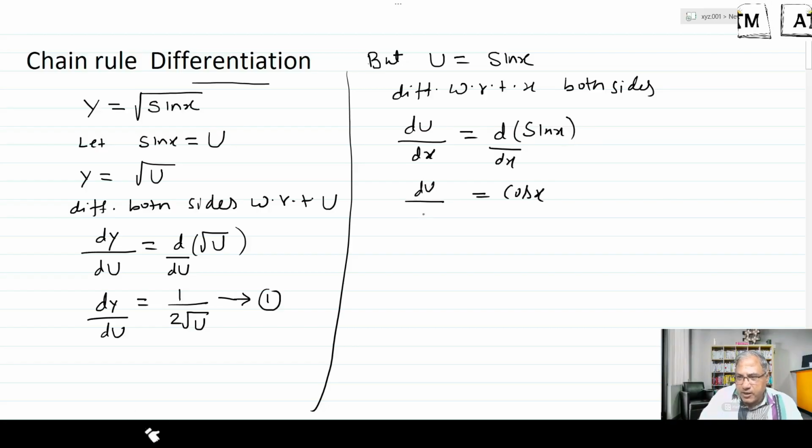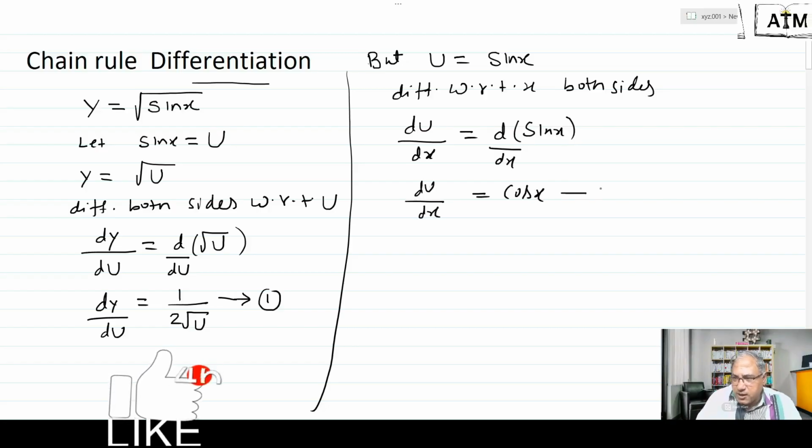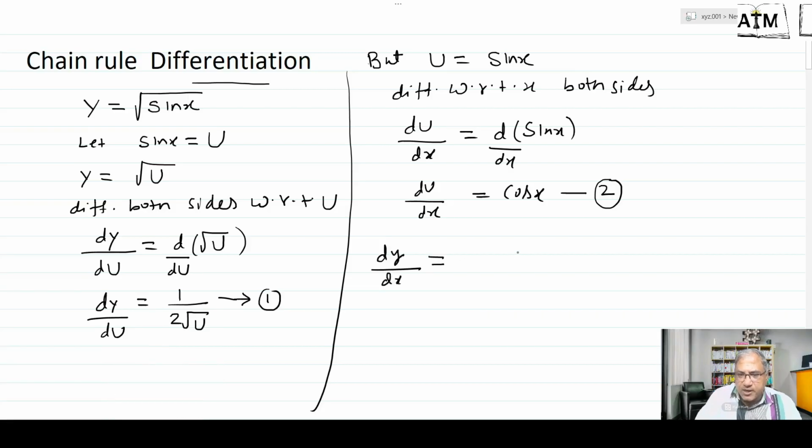So du by dx equals cos x. Let us call it equation number 2. Now according to chain rule, dy by dx is nothing but multiplication of step 1 and step 2. Step 1 is dy by du and step 2 is du by dx. You need to multiply both of them.